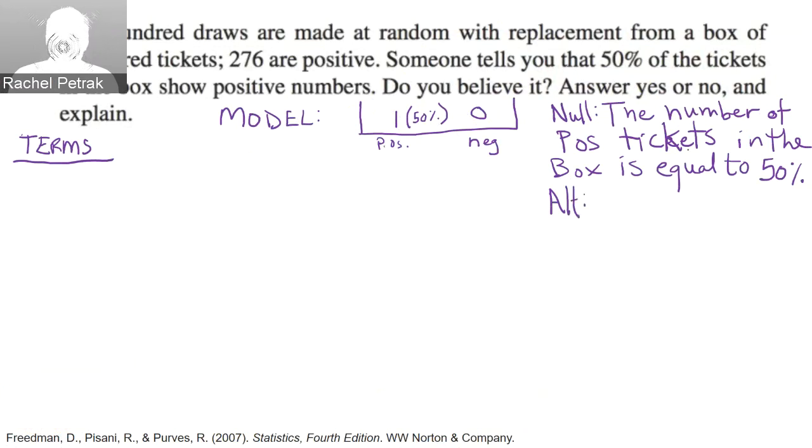The alternative would be that the number of positive tickets in the box is higher than 50, because we should be able to state the alternative hypothesis just as a restatement of the null hypothesis, except the alternative is one that posits that there is a difference that's not due to chance variation.